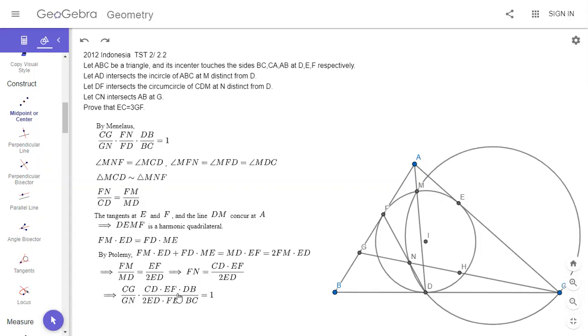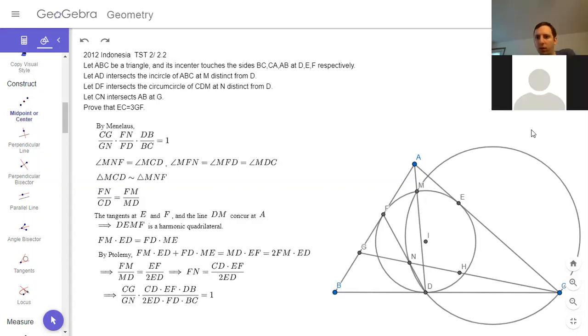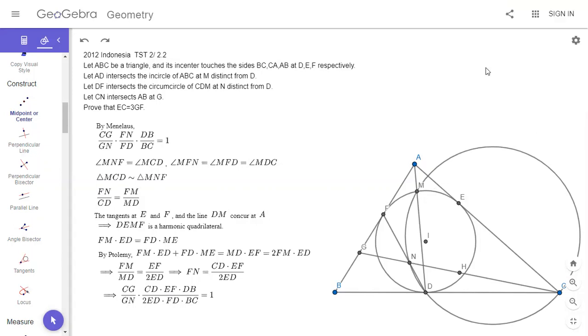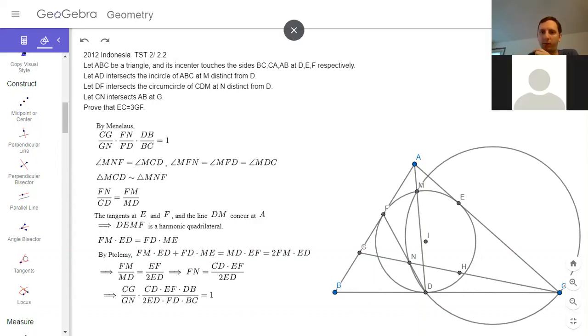Does anyone see a way to simplify this? Let's see. Not sure.